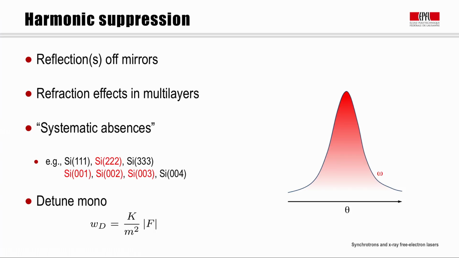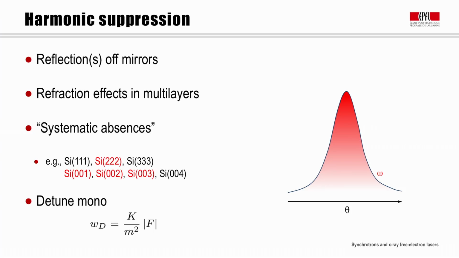Another approach is to slightly detune the monochromator. Now, the Darwin width of each reflection in the family M times HKL, so for example, the 111, the 222, the 333, the 444, etc., reflections of silicon, is given by WD is equal to K divided by M squared multiplied by F, the structure factor for that particular reflection.